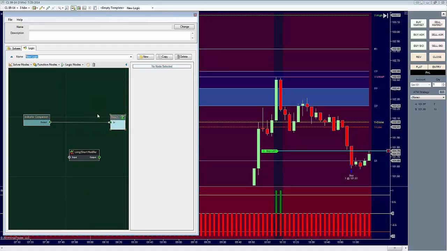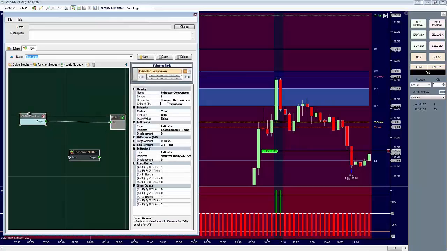What this solver is telling us is if the high is above yesterday's VWAP, if it's above or within range, 2 ticks, give us a long. If the low is below the VWAP or within 2 ticks, give us a short. So all the bars that are actually touching that line or are within 2 ticks, we're going to get both a long and a short on those bars.